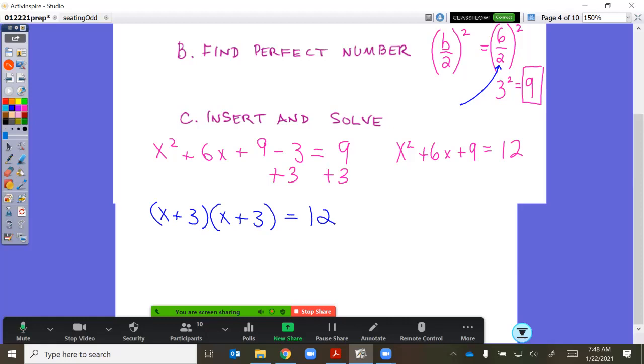Well, it would be equal to 0 except that I put a 9 over there and then I moved the 3 over there, so it's 12. So now it's not 0, now it's 12. And then I write it as a perfect square.